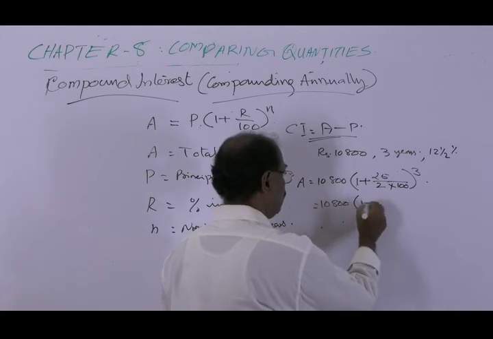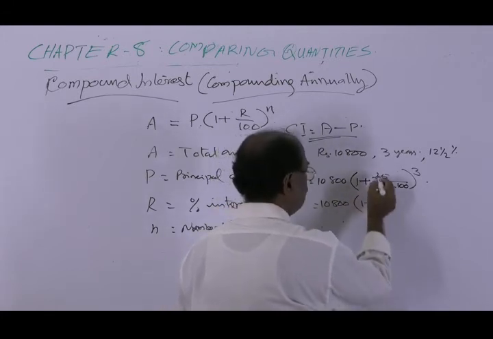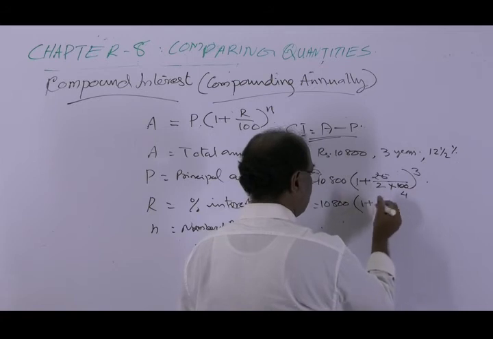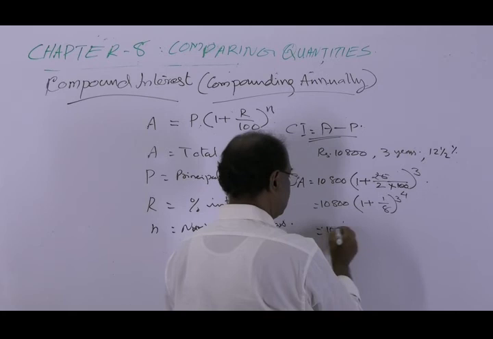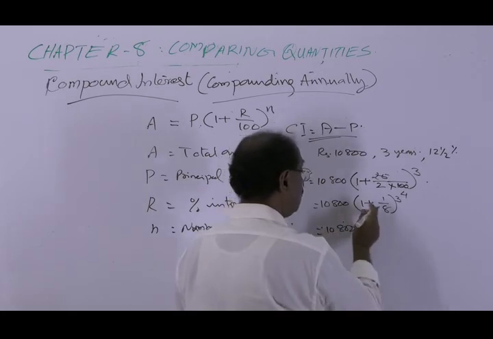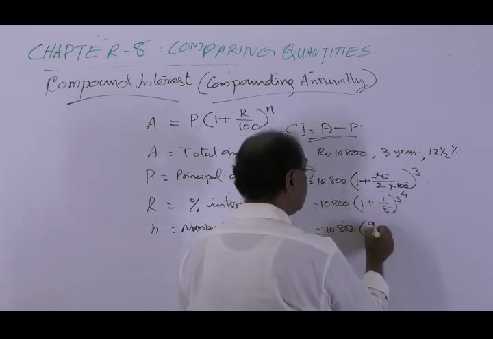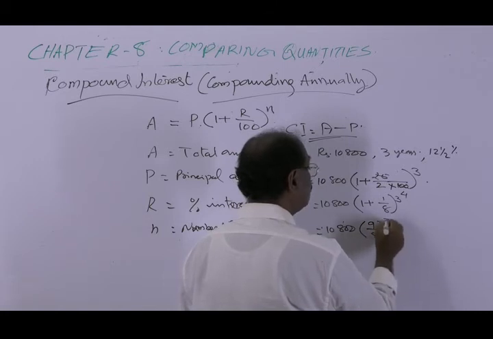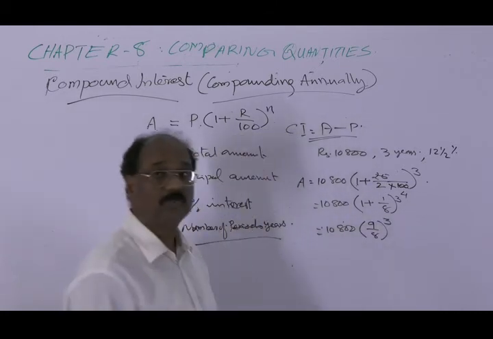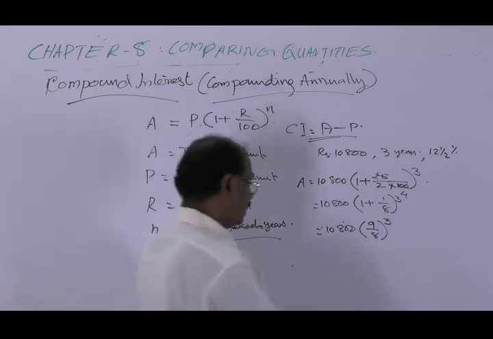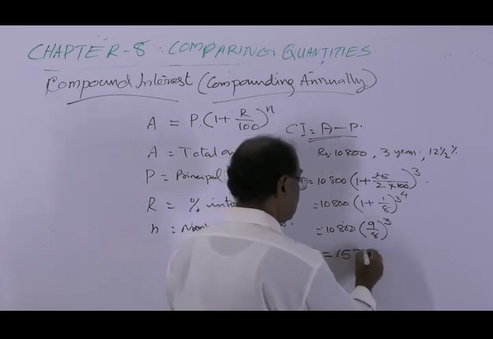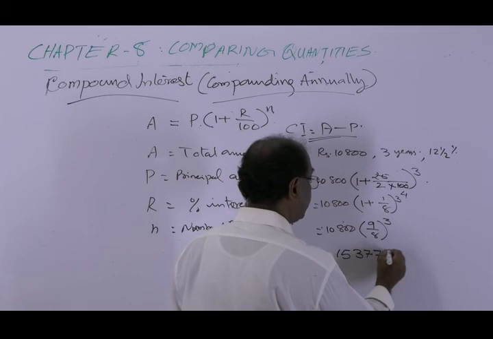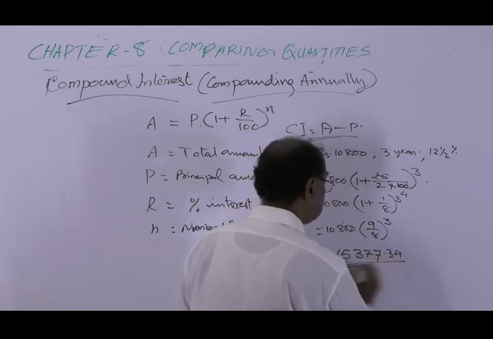So this is equal to 10,800 into (1 plus 1 by 8) all raised to 3, which is 10,800 into 9 by 8 all raised to 3. On simplification this will give us 15,377.34.